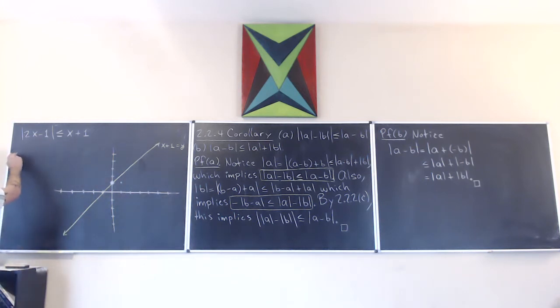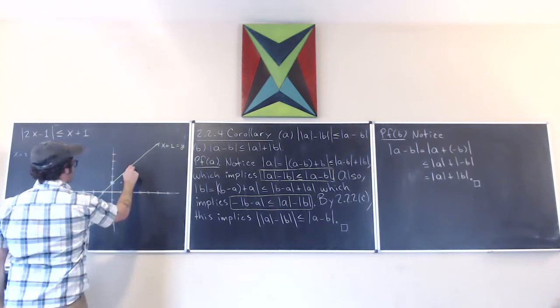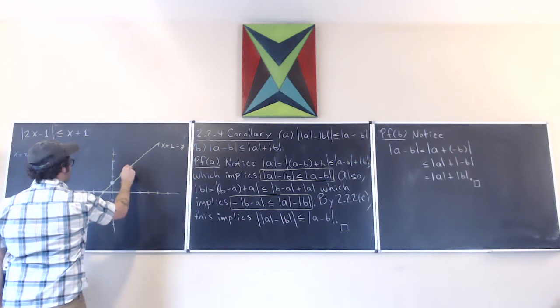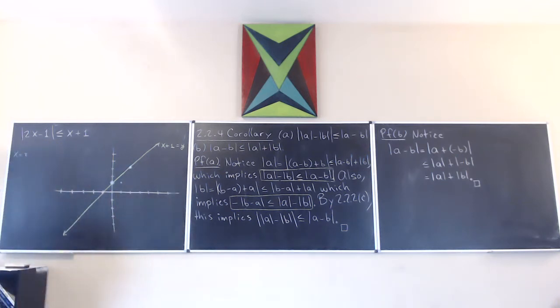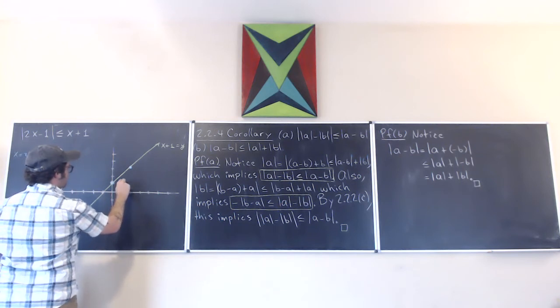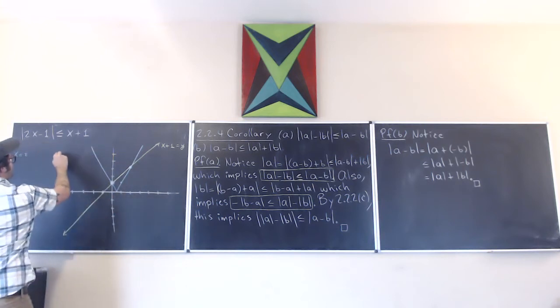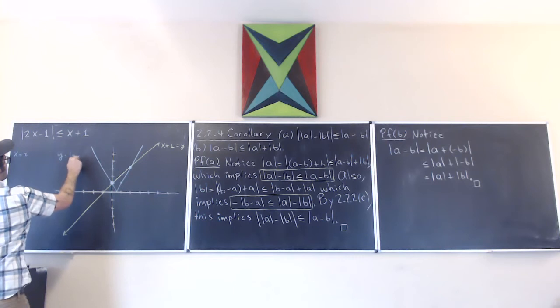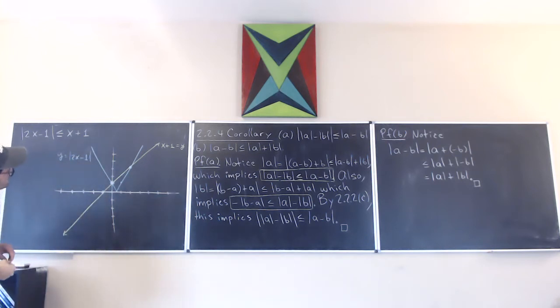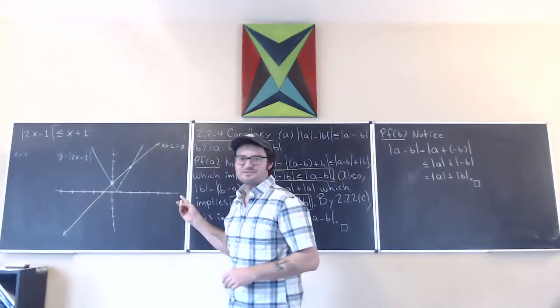When x is 2, we have 4 minus 1, which is 3. When x is a half, this is 0. That's why it looks like that. So that's y is equal to the absolute value of 2x minus 1. That's actually a pretty good drawing. That's pretty symmetrical.